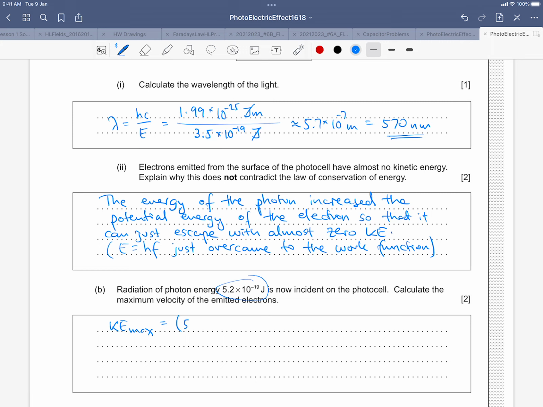So if my photons now have this energy, I take away the 3.5, which is the energy required to overcome the work function, and then I have this many joules left, which is 1/2 mv squared. Then we just rearrange that. I get 2 times 1.7, and then the mass of the electron. I look that up correctly and make sure everything is in the correct units: joules and kilograms. That works out to a certain number of meters per second. Pretty fast.